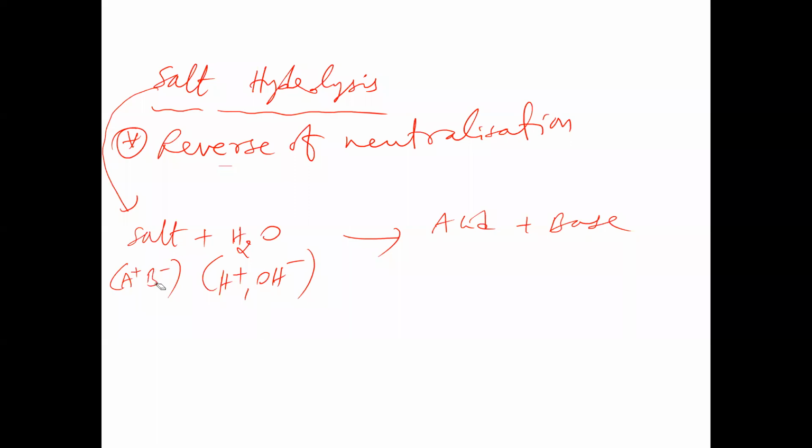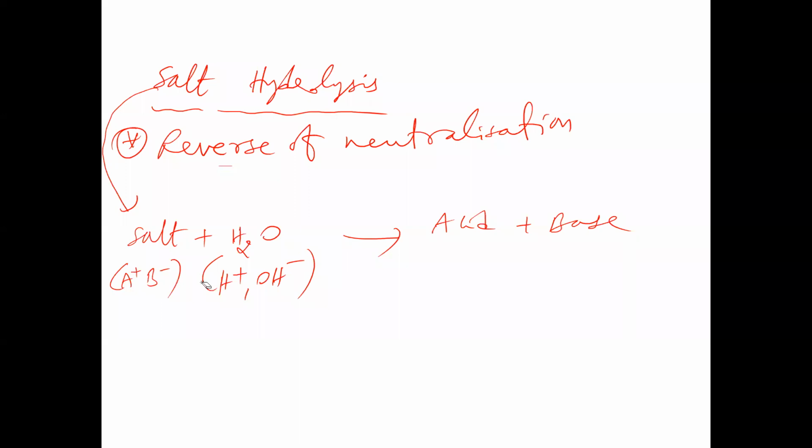If B minus is more reactive than the A plus cation, this anion will interact with H plus. If cation A plus is more reactive than B minus, this cation A plus will interact with OH minus of water, and H plus will be released.